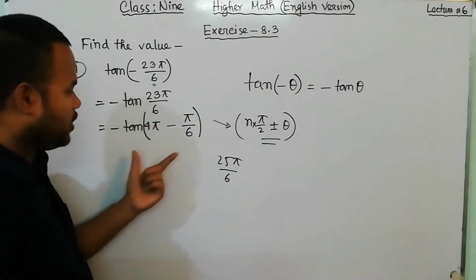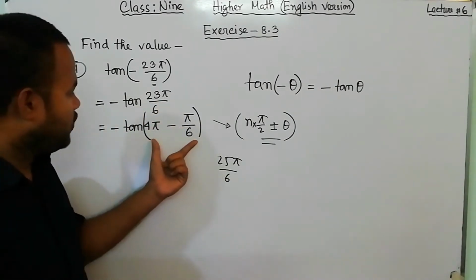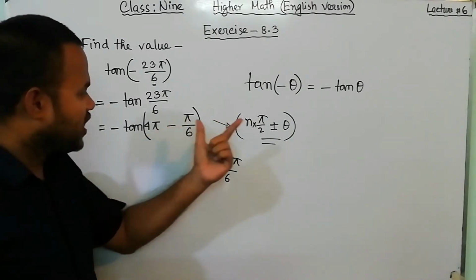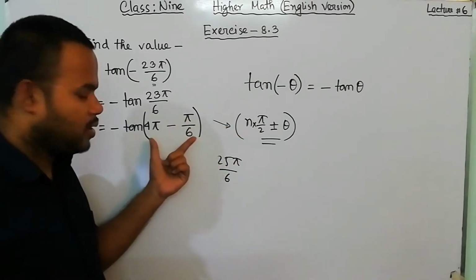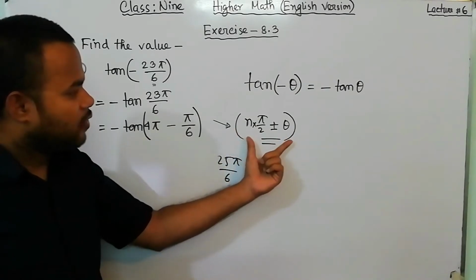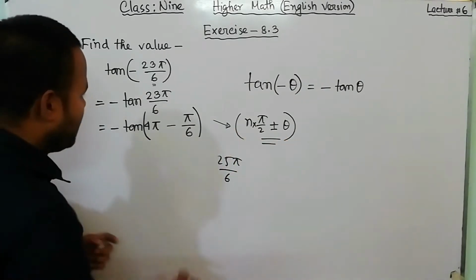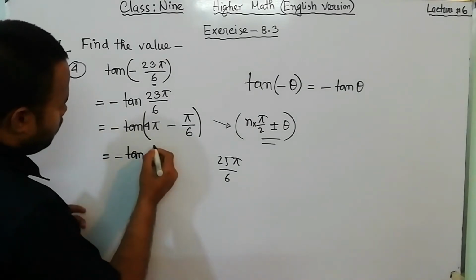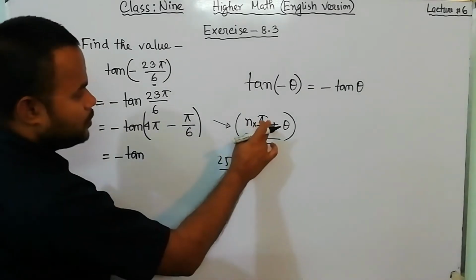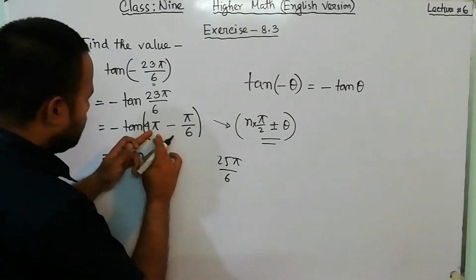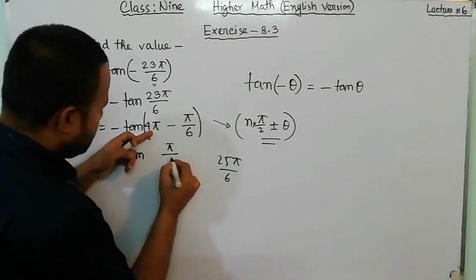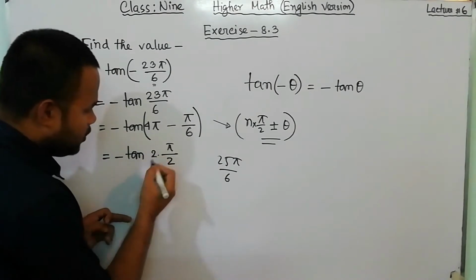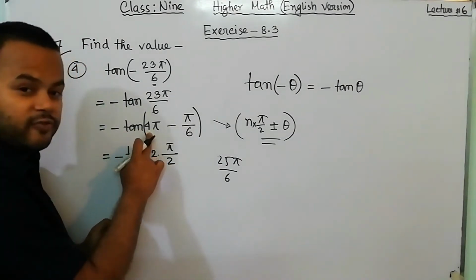Okay, so we can write this angle in this form. If we divide into two parts, then we have this term. Now to change this angle in the form of n pi by 2, we write minus tan and put pi by 2 here. Then we have to multiply by 2, but earlier we have 4 here.